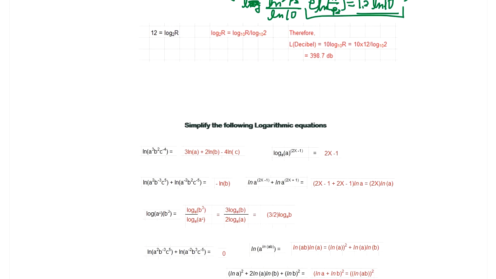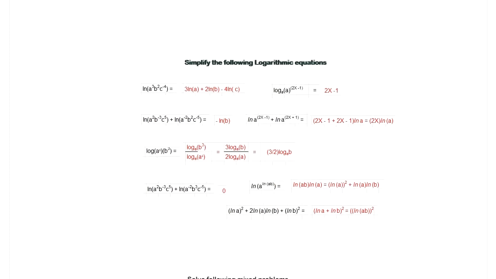Simplify the following logarithmic equation. This is the practice. You stop the video and you do it yourself. The first one, the multiplication is separated and the power is going to come front, right? That's easy.